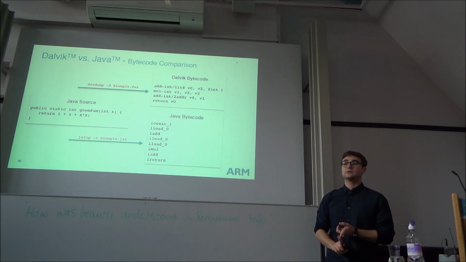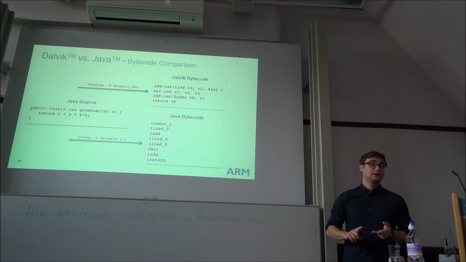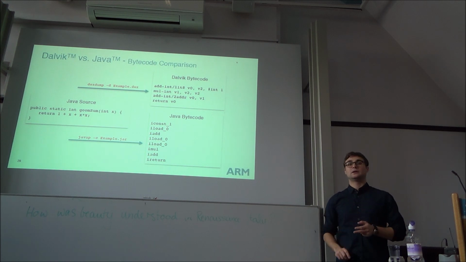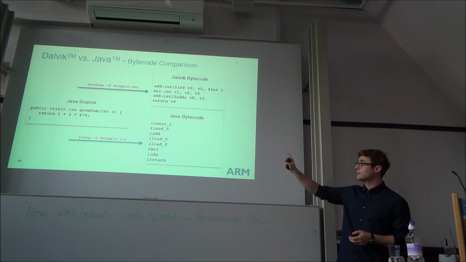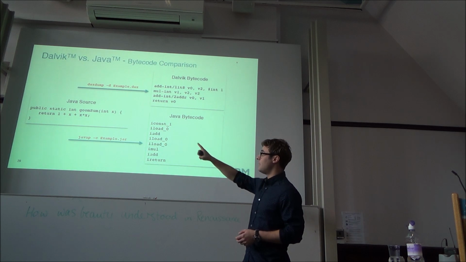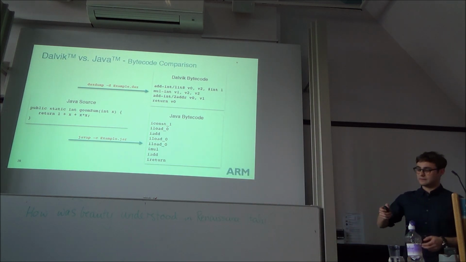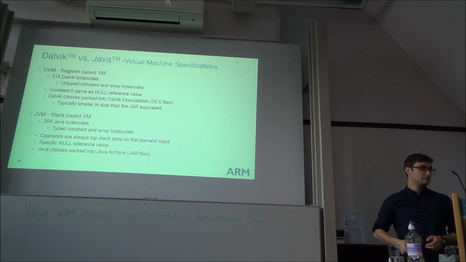One is the Java bytecode, which is stack-based. I'll tell you a bit about it in the next slides. And the other one is Android's own representation, which is the Dalvik bytecode. And you can see there how Dalvik and Java interpret the Java code, on your right-hand side, left-hand side.